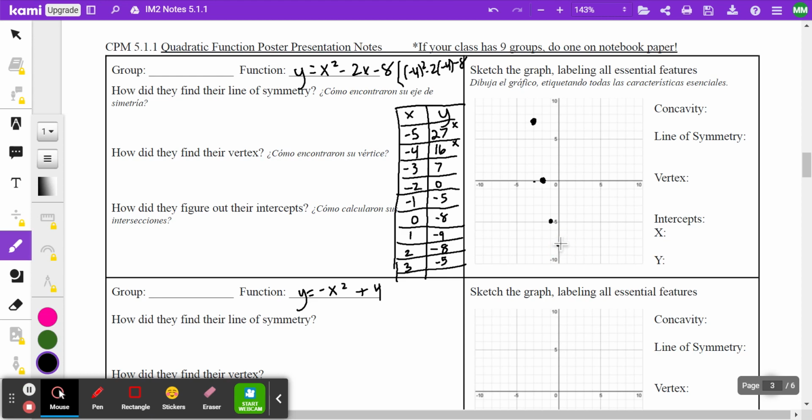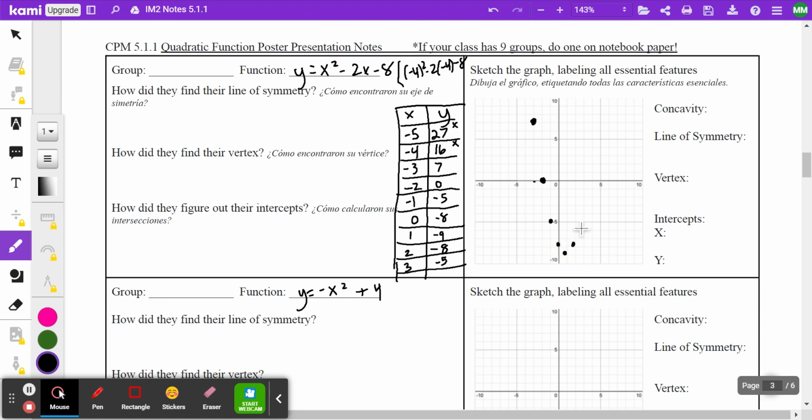That seems fishy to me, but we're going with it. 1, -9.